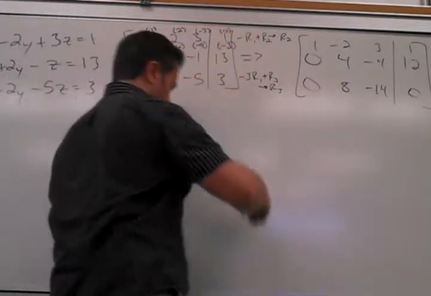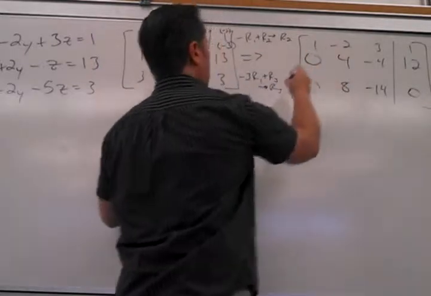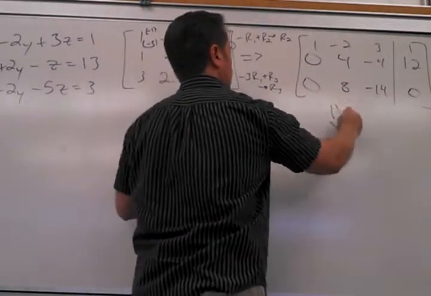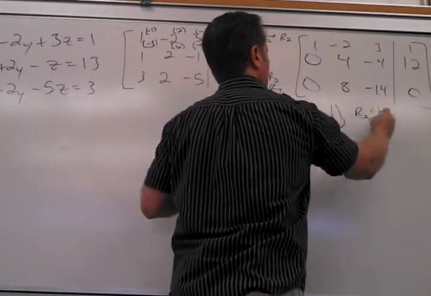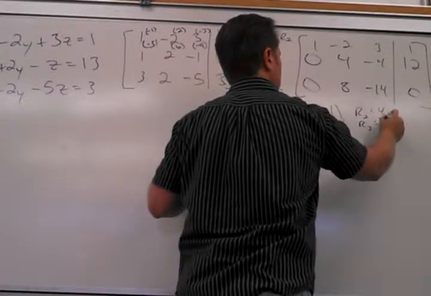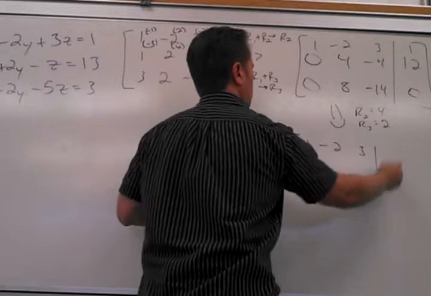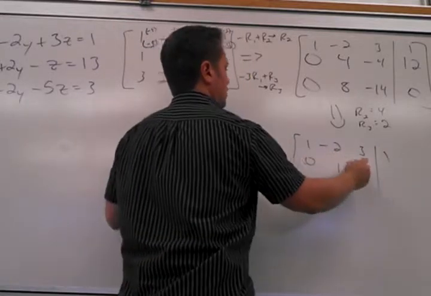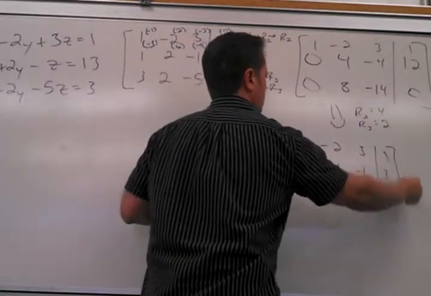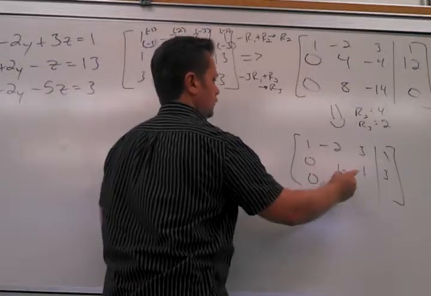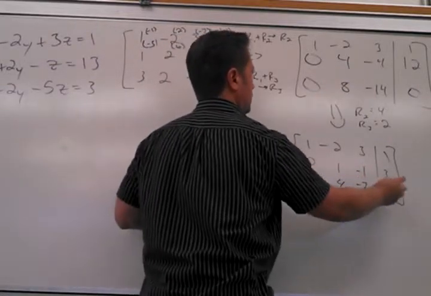Yeah, I can reduce both of them. So row 2 I can divide by 4, and row 3 I can divide by 2. So I get 1, negative 2, 3, 1; 0, 1, negative 1, 3; 0, 4, negative 7, 0.